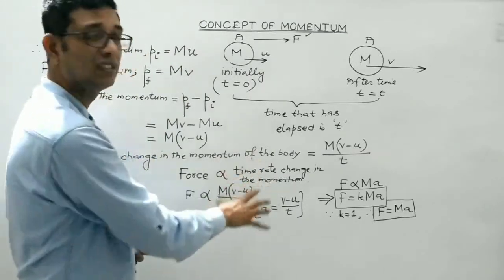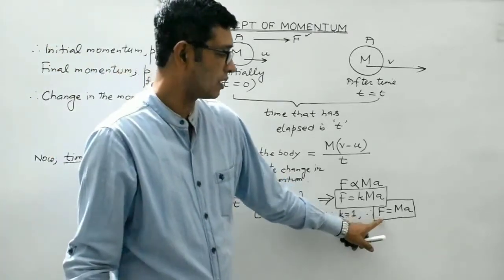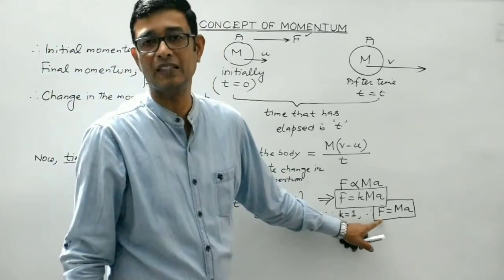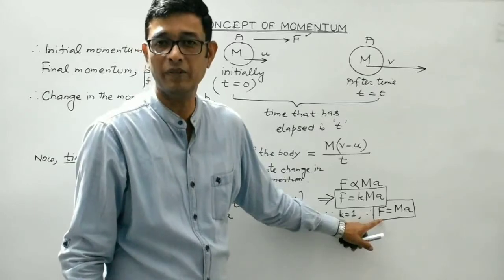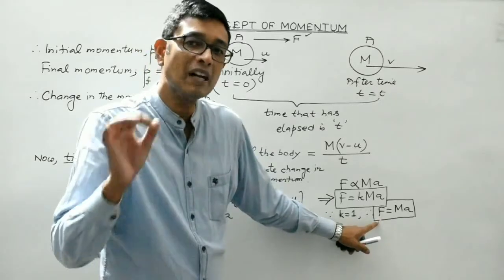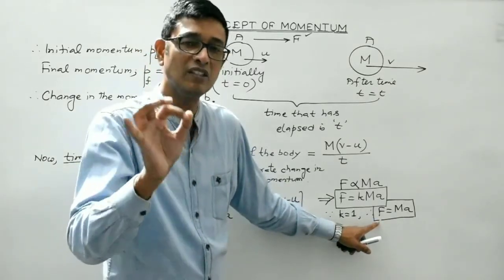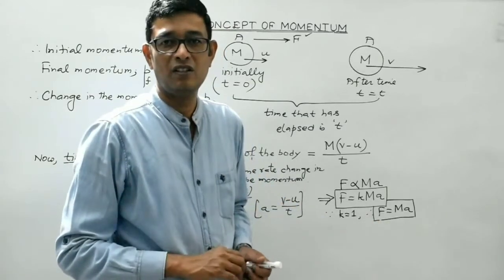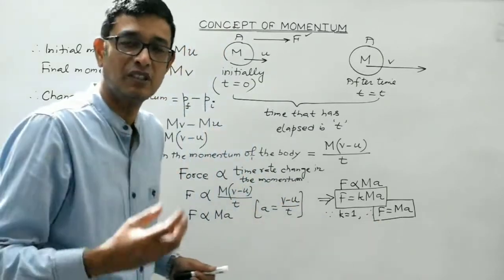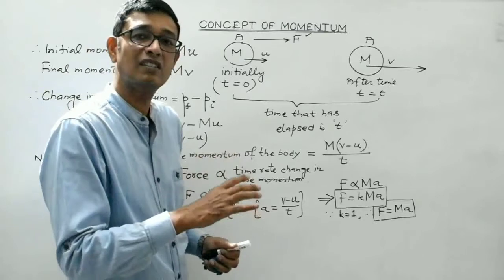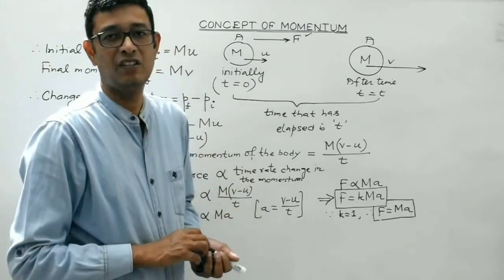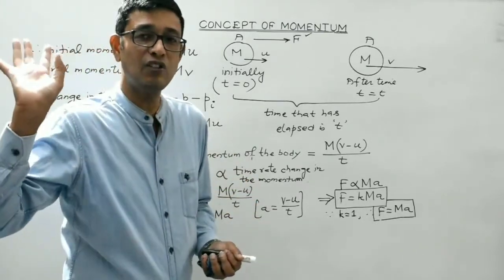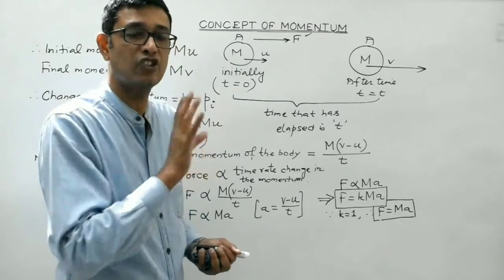And using Newton's second law, we have concluded this particular mathematical statement, which is F equals ma. This is the mathematical form of Newton's second law of motion, in which the force is given by the product of mass and acceleration. So students, Newton's first law deals with the concept of inertia.